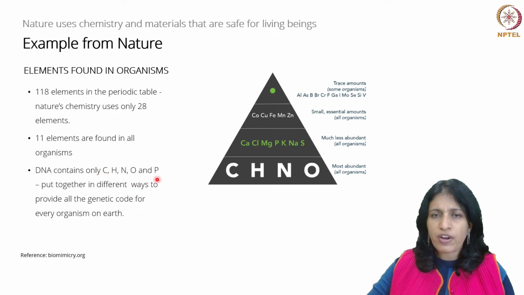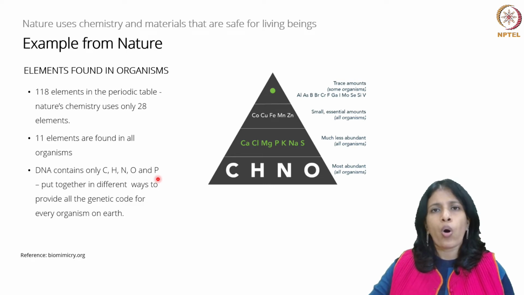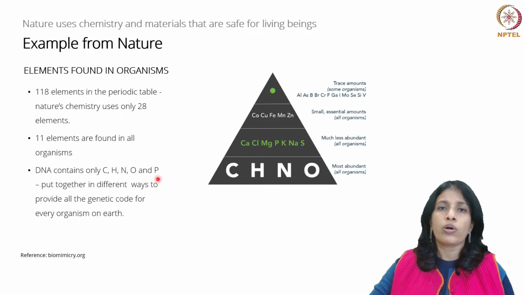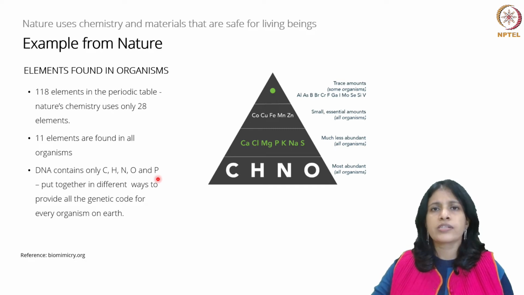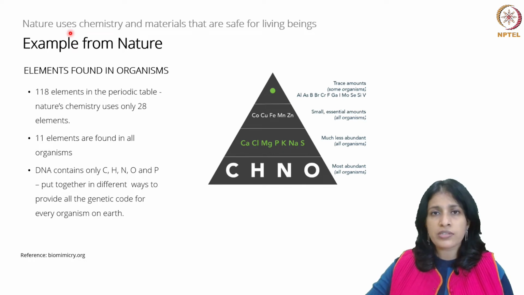And these five atoms come together, structurally arranged in unique ways, in order to encode all life forms on Earth. Think about how stupendous that is as an achievement. That's what the lesson is: nature accomplishes stupendous, wonderful things, and still uses chemistry and materials that are safe for living beings.